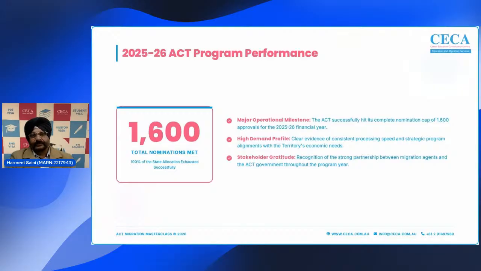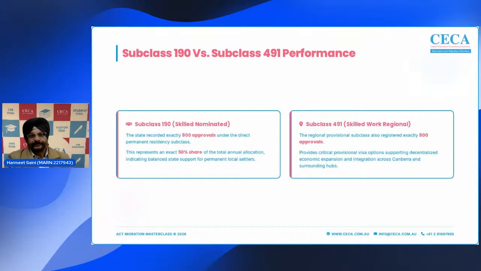This is clear evidence of consistent processing speed and strategic program alignment with the territory's economic needs, and a recognition of the strong partnership between the migration agents and the ACT government throughout the program. They reviewed their system accordingly with continuous feedback from the various stakeholders.